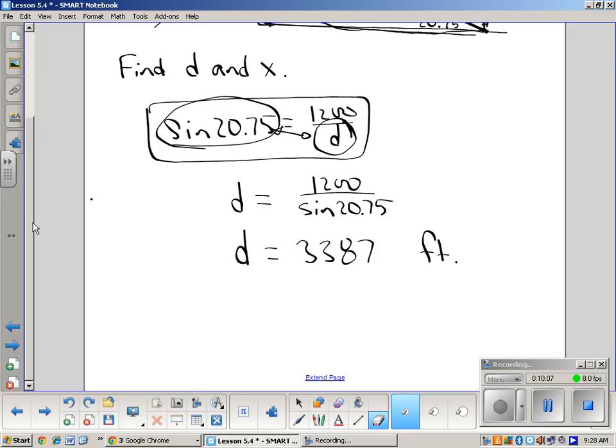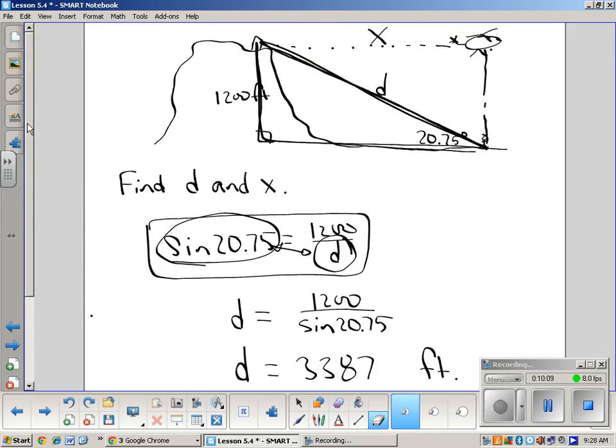All right. So now I want to find the distance a helicopter is away. Yeah, Max? Couldn't you just find the bottom side, then that would be the same length as X? So, Kendra, do you agree with that?